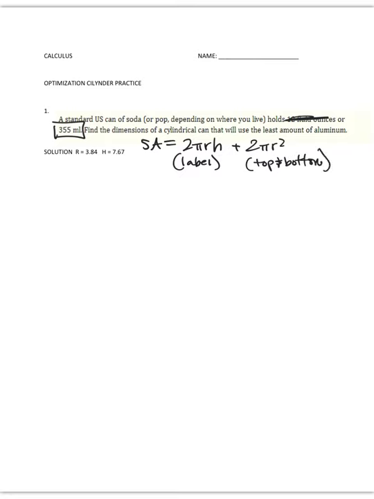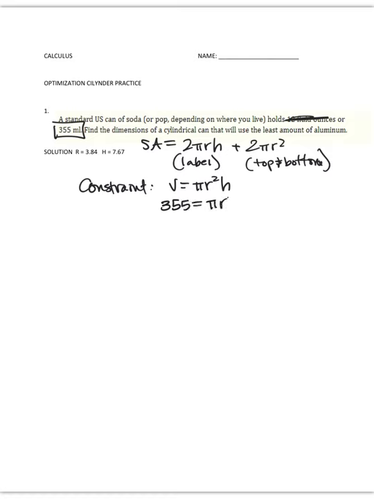Okay, so we also need to talk about our constraint, and our constraint in this case is going to be the volume formula, which, volume of a can is the area of the circle or the base times the height. What you have to think of is a bunch of those circles keep piling on top of each other to get the volume. And what we are given is the 355.